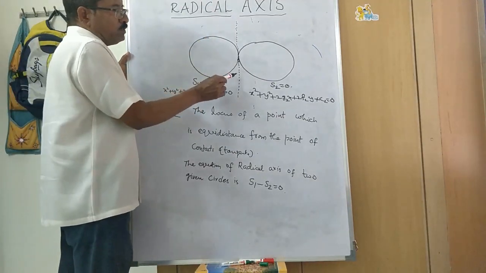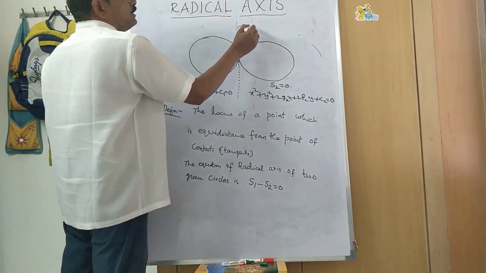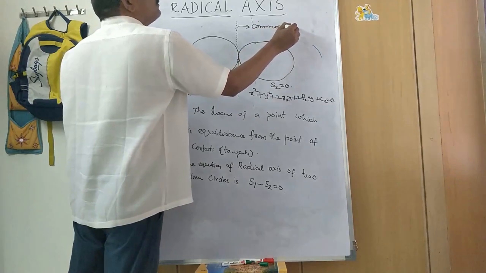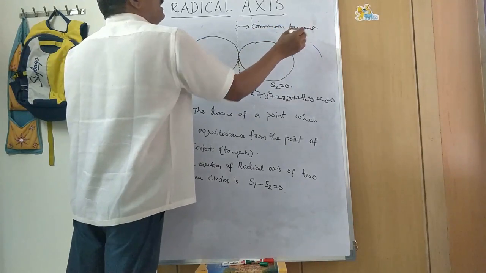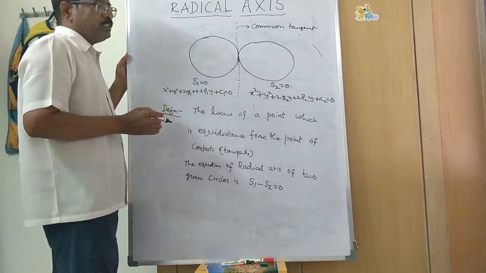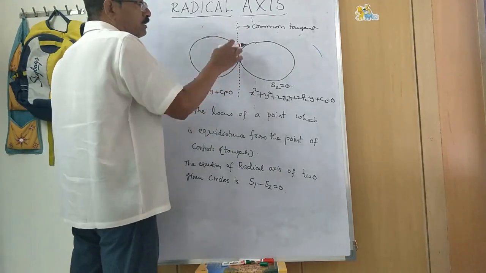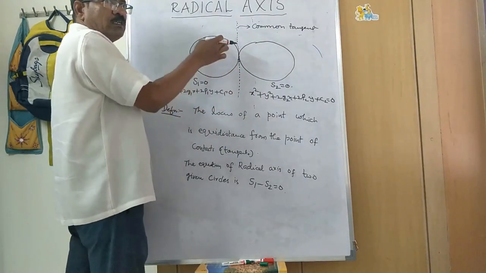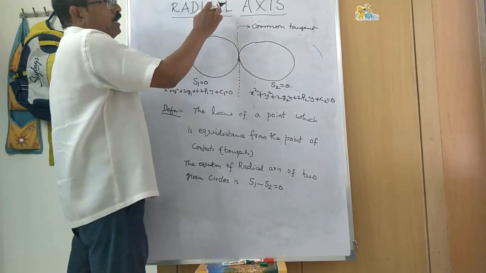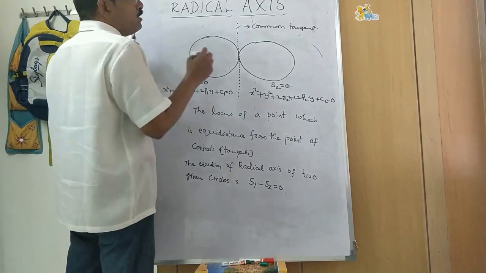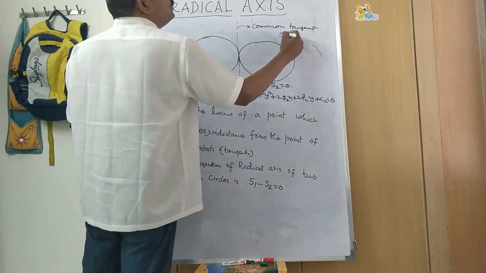And also you know that this radical axis is the common tangent to both the circles. What is the radical axis formula? That is S1 minus S2 is equal to 0.